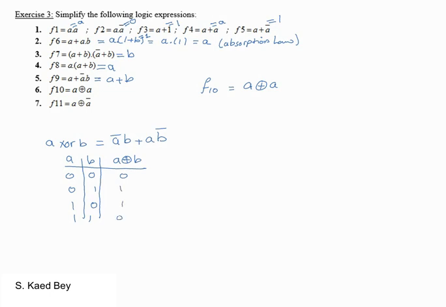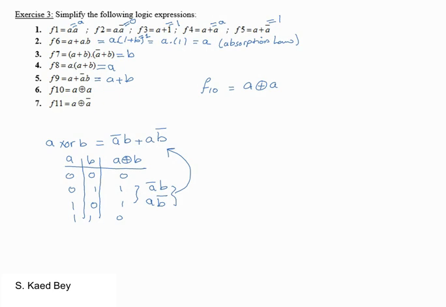It's always 1 when you have odd numbers of 1. So this can be only true when A is 0, that means not A, B, that's the case, or when A is 1, but B is 0, that means not B. And hence, this is how we derive this relation.